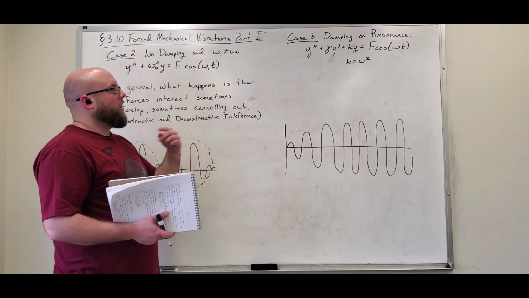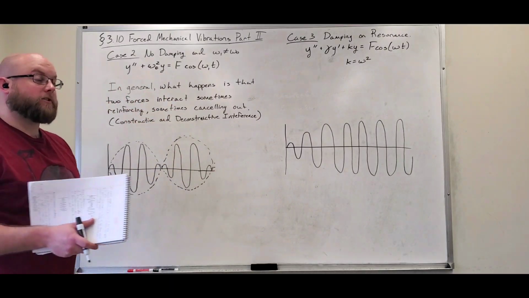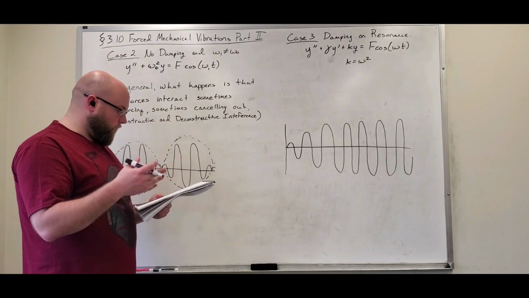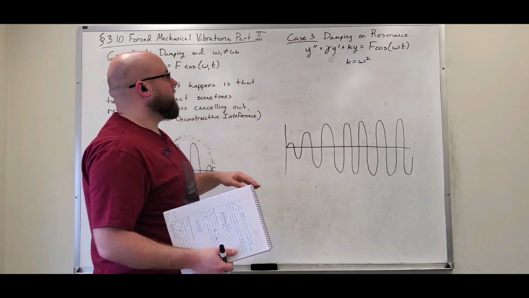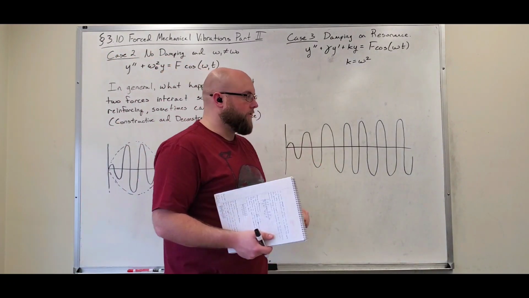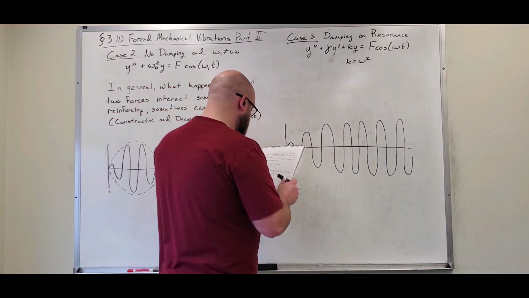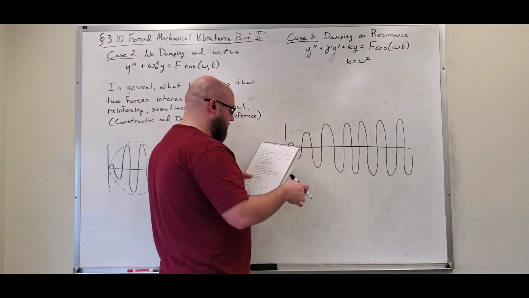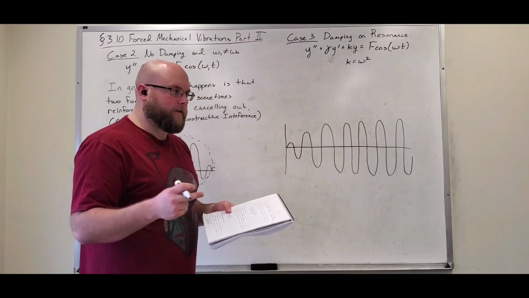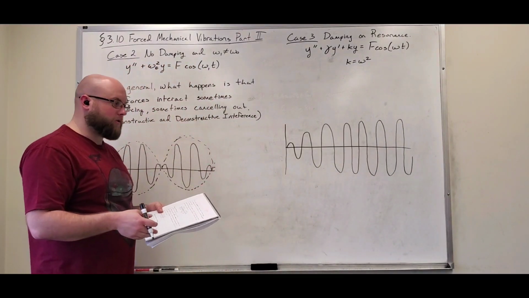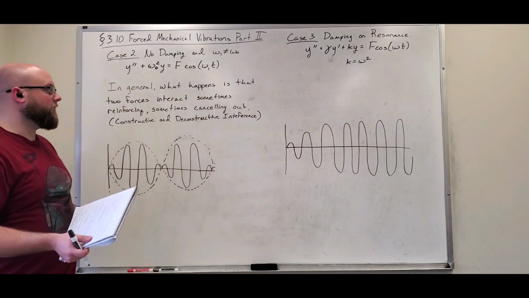All right, case number 3, dampening on resonance. So we had this resonance occur where they're working together, except there is a dampening effect on there. And so what happens in that case is these are causing oscillations in what's called in phase. So that means they are working together. So they're being constructive in their interference.